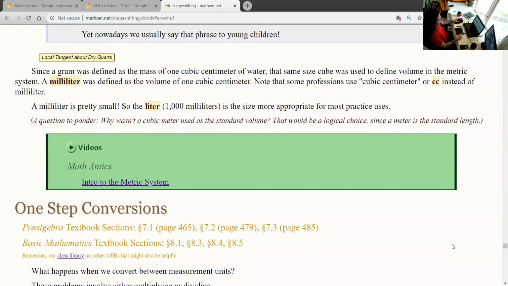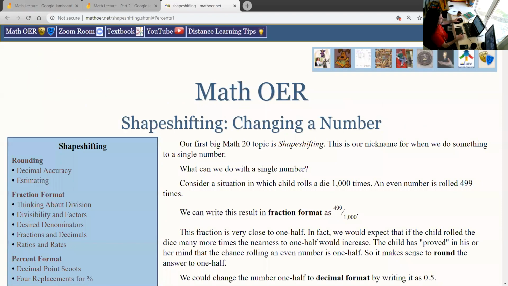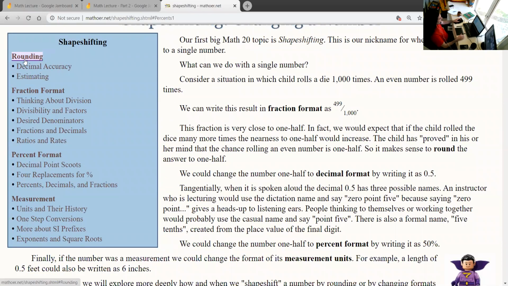And that's done with a history lesson. So let's look back up here again. We've done all of rounding and fraction before. Today we started at the 4 replacements for percent and talked about the 4 things that percent could be. And then we talked about moving around between percents and decimals and fractions, and which of those things were the lazy one to do. We had riplop for going back and forth between percent and decimal.